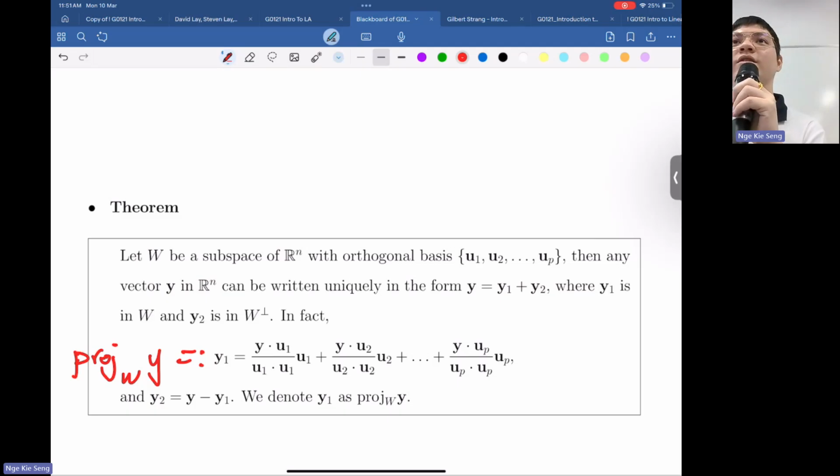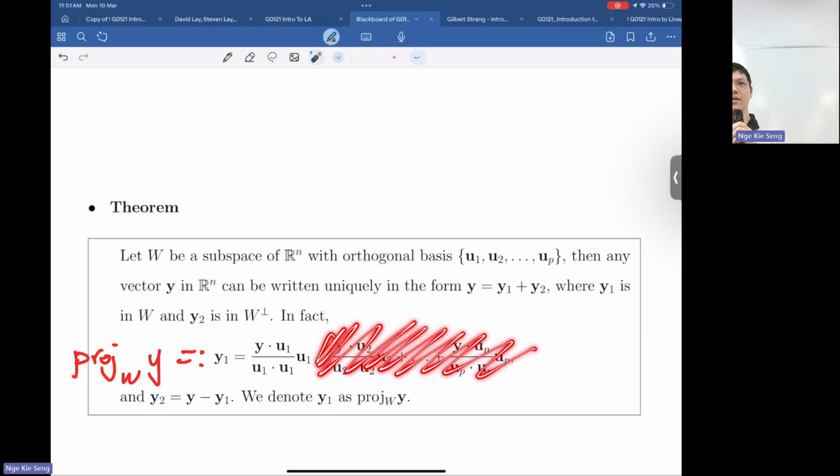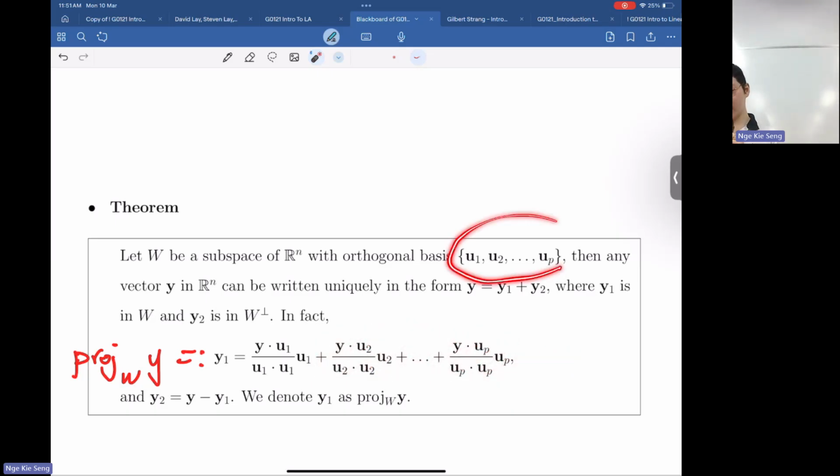Any question now? How to remember this formula? You should start with the easiest case, the line one, just u1: it's y dot u1 over u1 dot u1. But if you have to project onto a subspace of dimension more than one, what do you need to do?